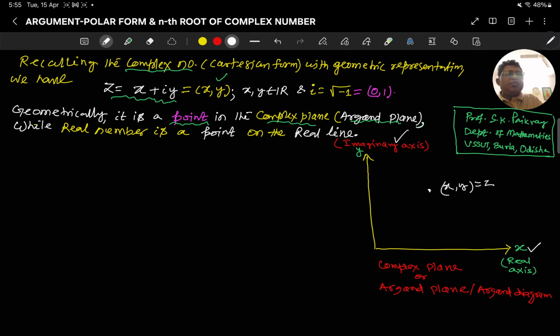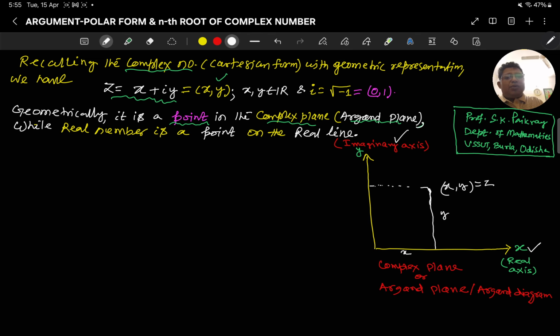This is my complex variable z. This is my y, and this is my x. So this distance is my x here.